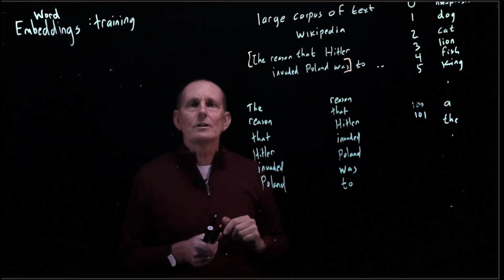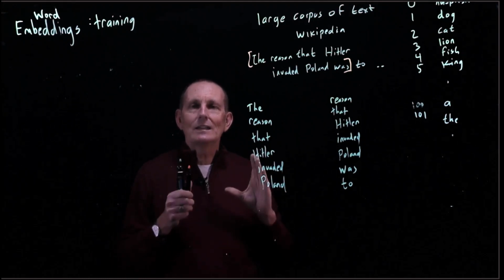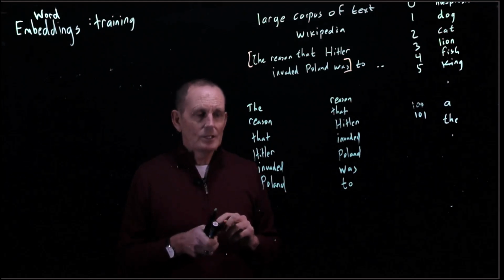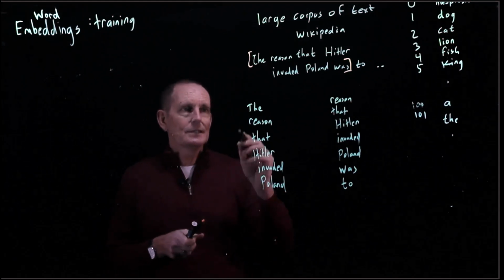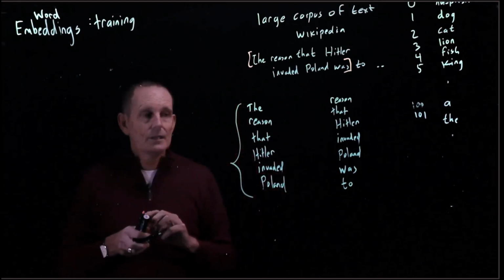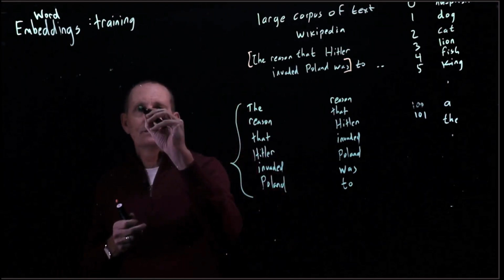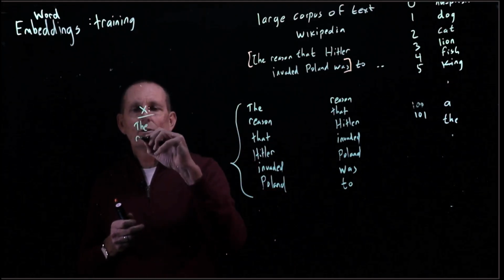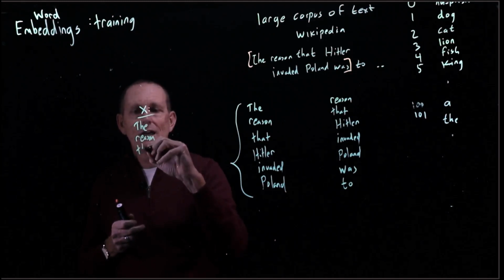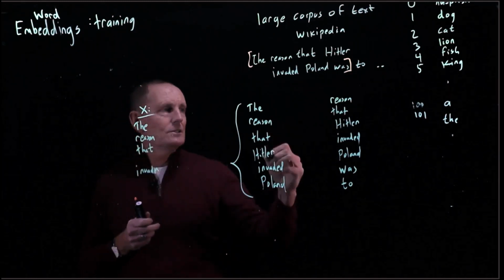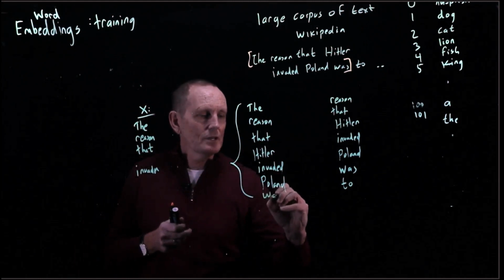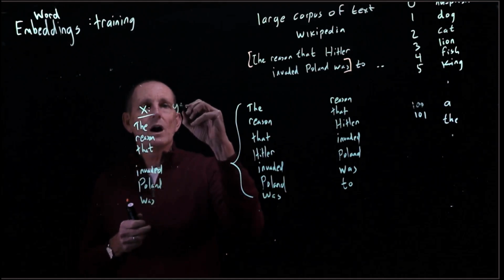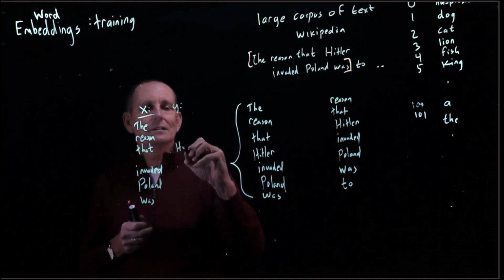And then we're going to use each of those as a way to generate an input and an output. So what we do is that this becomes an X of the reason that invaded. This only has 6. I missed out on was here. The reason that invaded Poland was, and the associated Y is going to be Hitler.